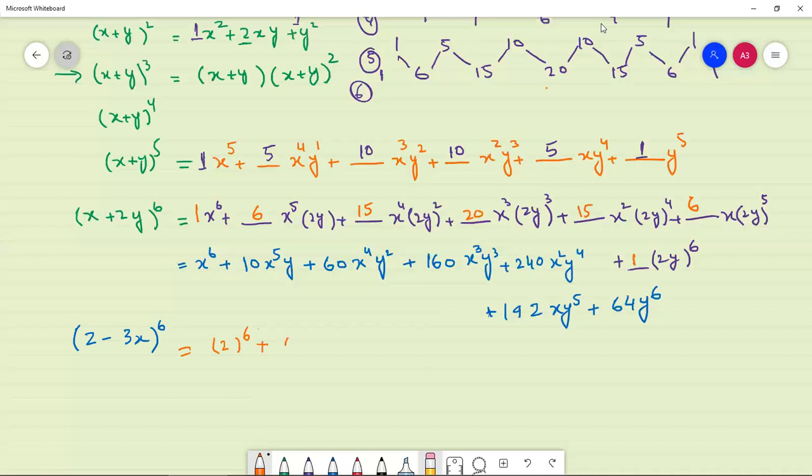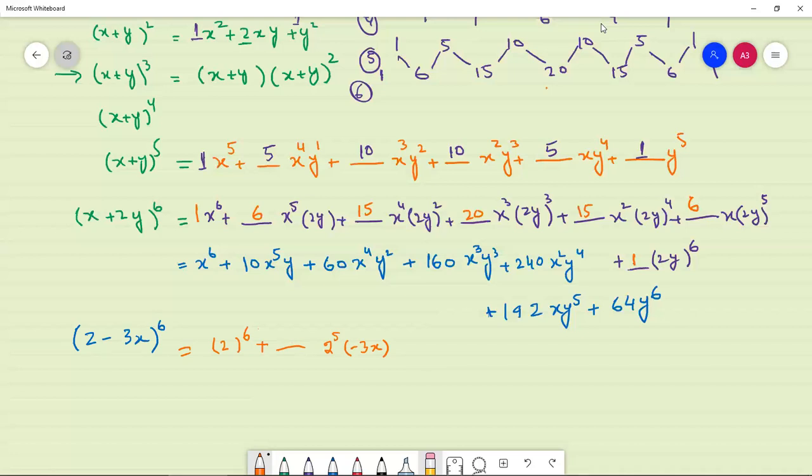leave a space for coefficient, 2 power 5, and this would become now y, where we replace 2y. Now I have to write minus 3x. So shift this negative sign with the second number. There is no other change in this sequence.